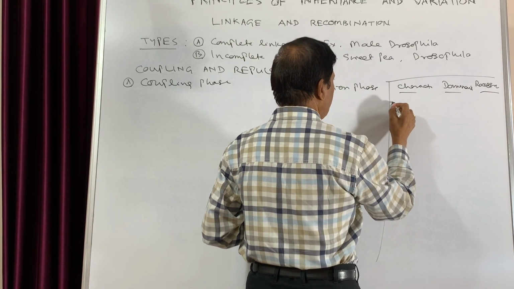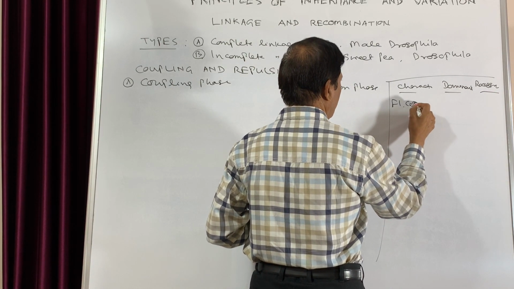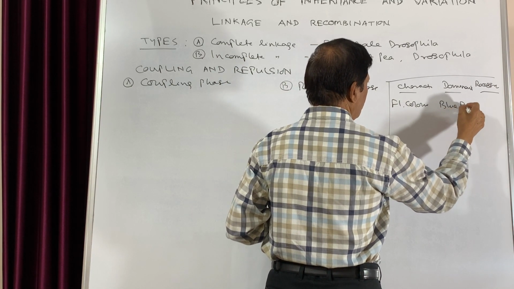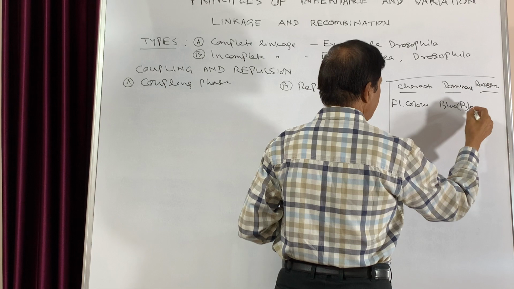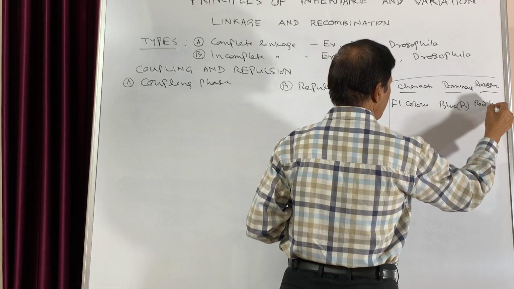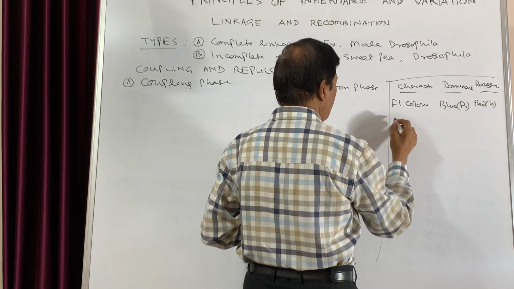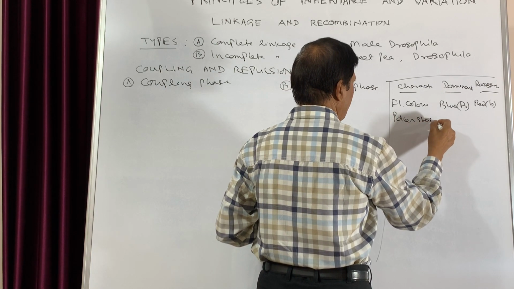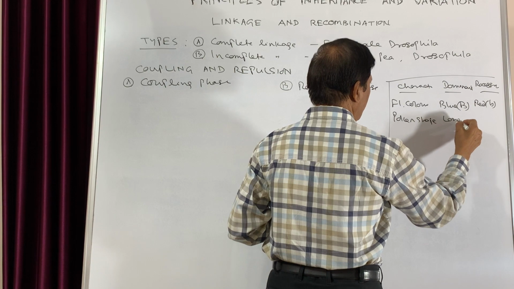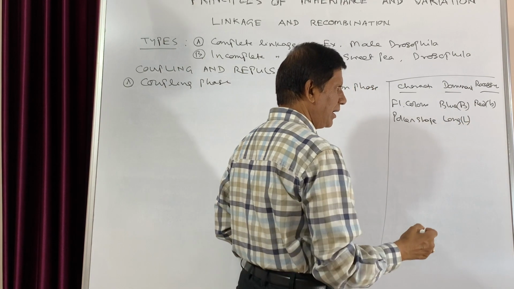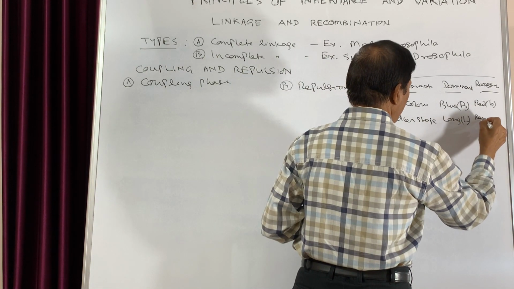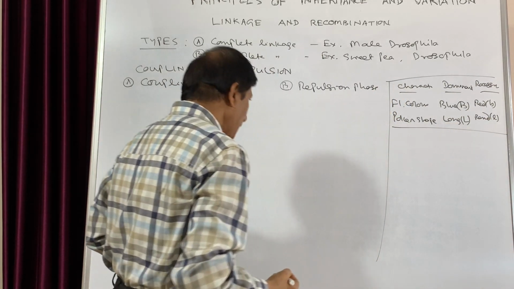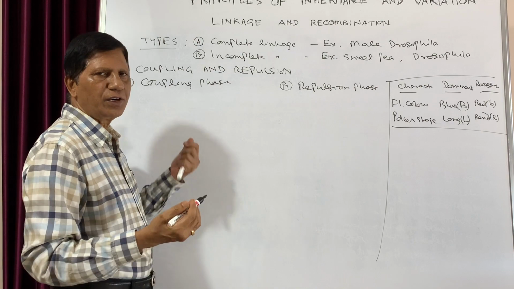He took flower color: dominant is blue, capital B, and recessive is red, small b. The other character is pollen shape: long is dominant, capital L, and round is small l. Taking these characters, he made crosses.